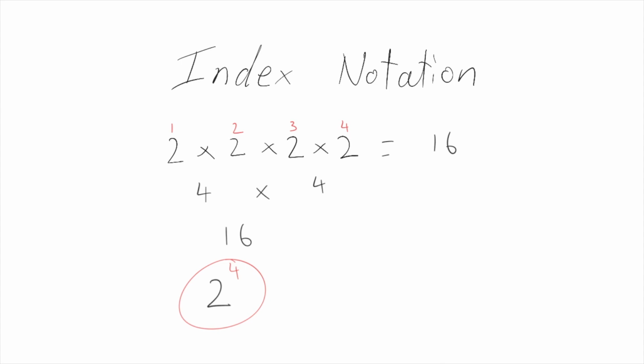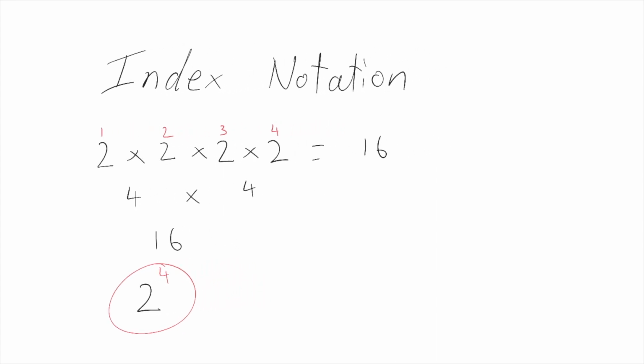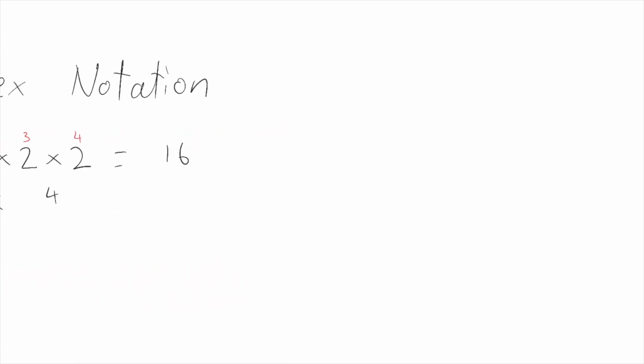Now, going back the other way and representing index notation as repeated multiplication is very similar. So let's bring this over here, and we're going to go 3 to the power of 5. Well, what we see here is that our index, or our exponent, is 5. That means we are going to multiply our base number here by itself, being 3 in this case, 5 times.